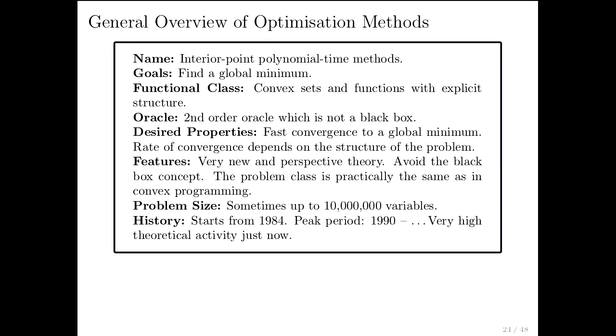And then there are the interior point methods, which are a subclass of convex problems. When you have explicit structure, there's a smaller family of problems. They can solve massive problems, hundreds of thousands or even millions of variables.